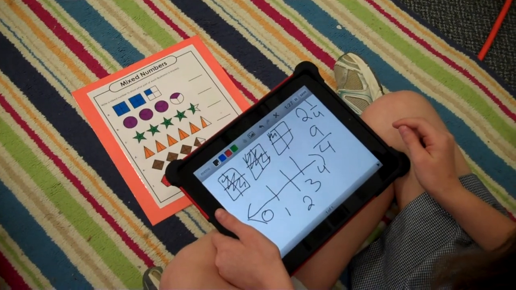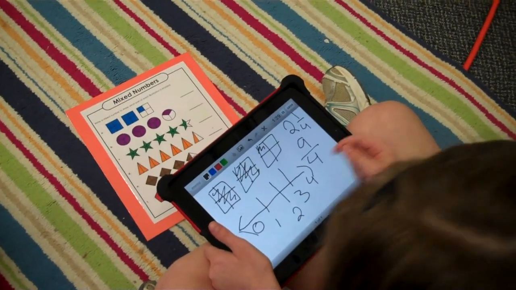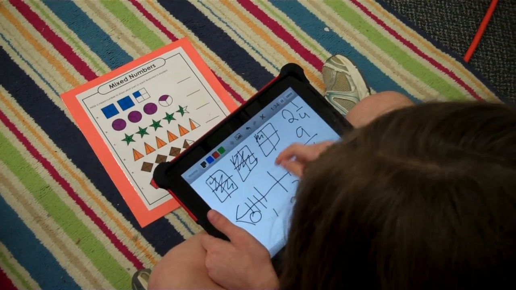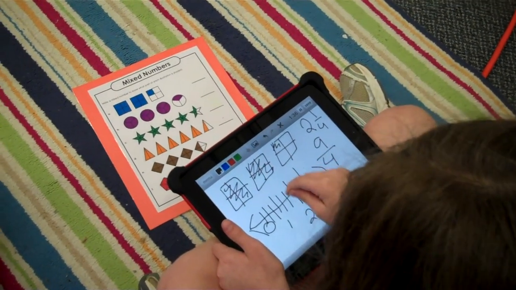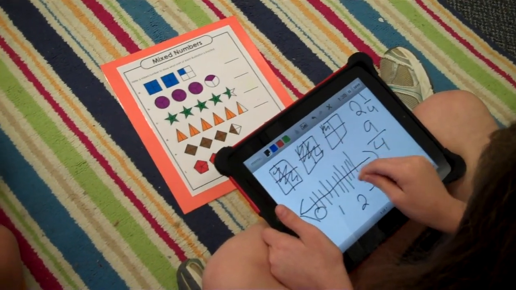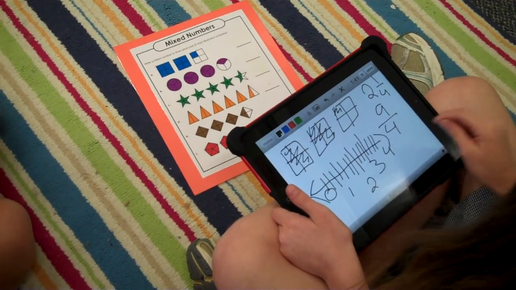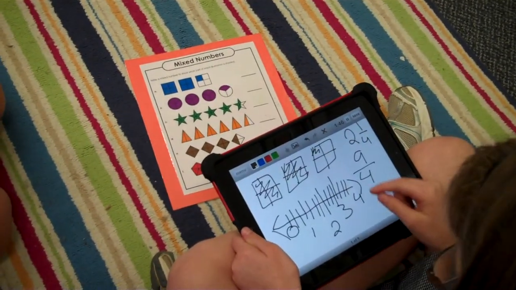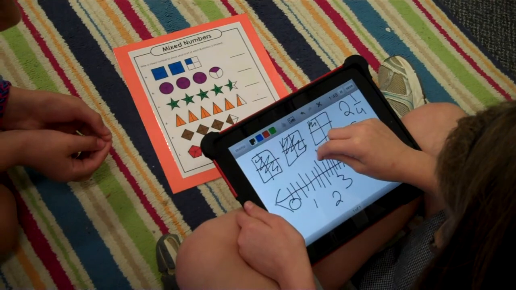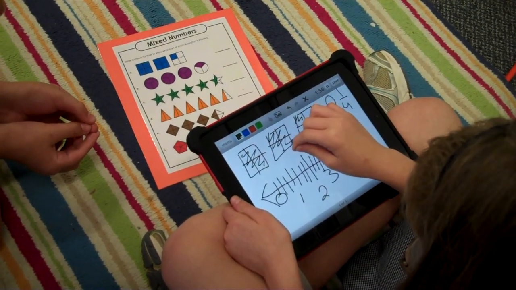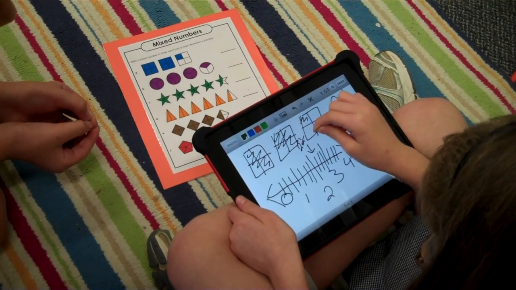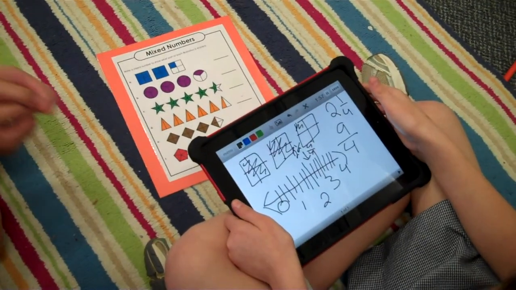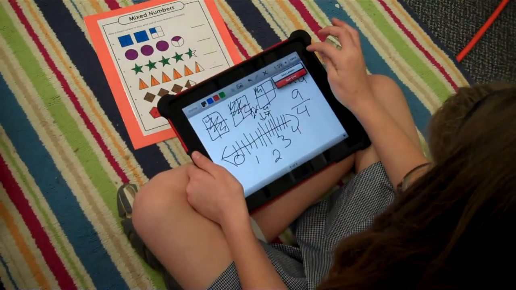They are divided into 4 parts each. 2 and 1/4 is located right there, and the improper fraction is also right there. And that was our lesson.